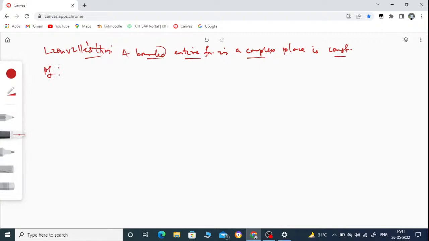So now let f(z) be a bounded entire function in a complex plane.